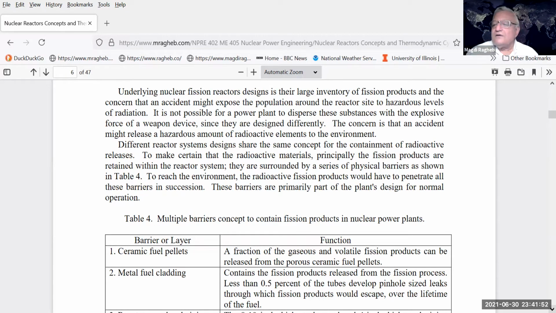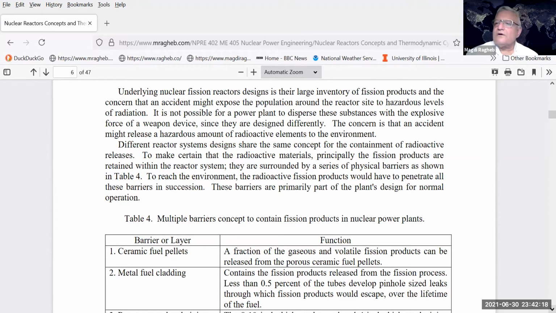In fact, we can do this because the energy in the nucleus is much more concentrated, and we don't produce really much fission products, maybe the size of a desk for a 1,000 megawatt reactor of high energy fission products per year.